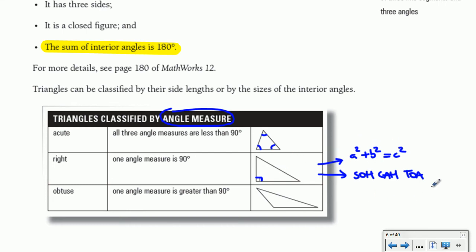There's ways that you can make a 90-degree triangle out of others, but these directly apply to right angle triangles only. Okay, and obtuse, you have one angle greater than 90, so these are both less than 90. This one is greater than 90, and so on. Okay, so those are classified by angle measure.